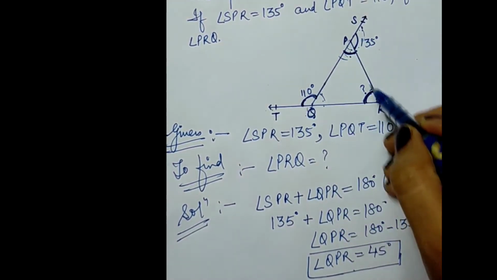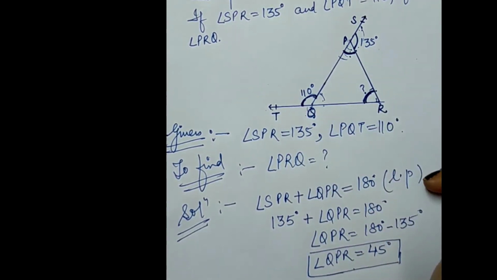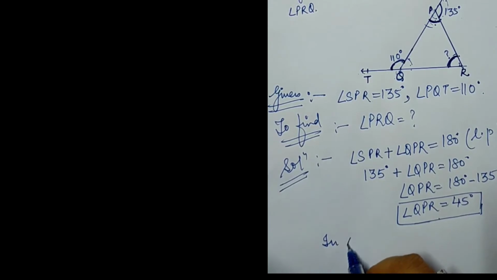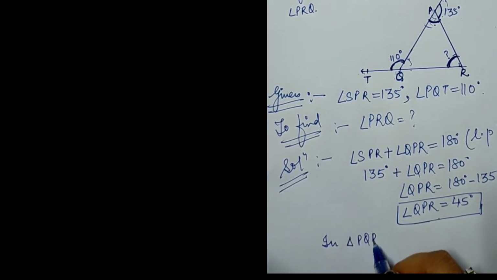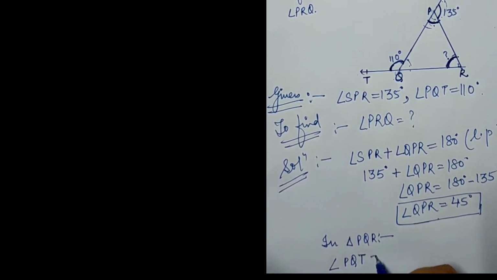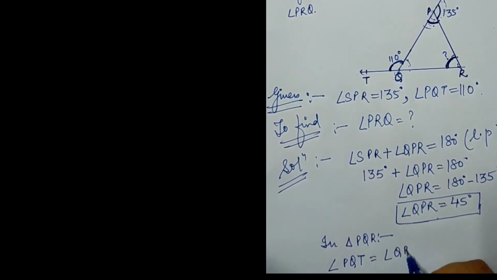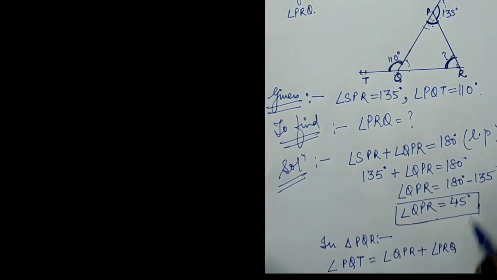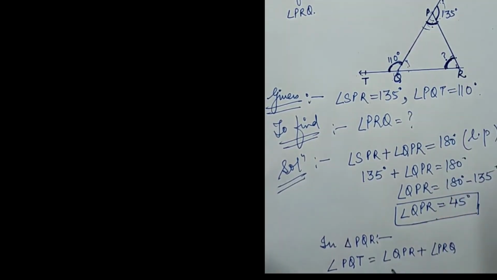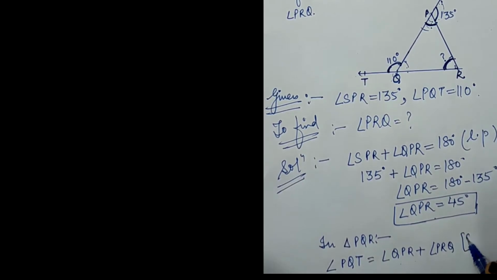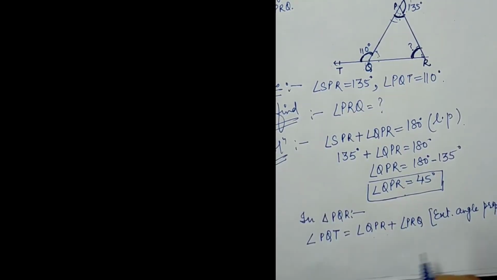Now I am going to apply exterior angle property over here. You can see in triangle PQR, the exterior angle PQT will be equal to angle QPR plus angle PRQ. You can name them angle 1, 2 and it will be easier also if you write 1 plus 2. Depends upon you only. So here we have applied exterior angle property.